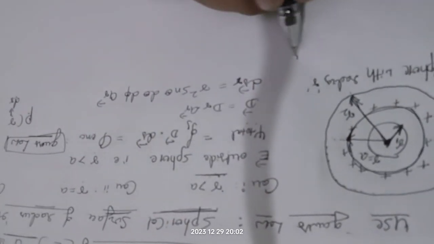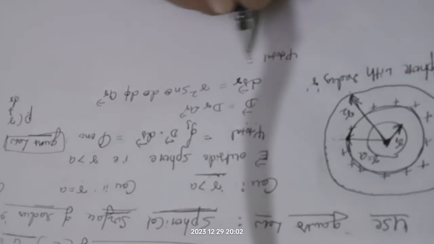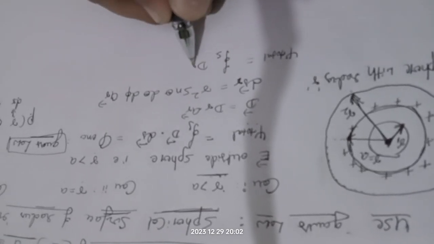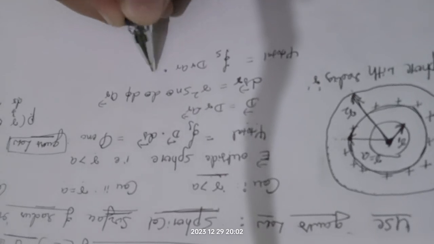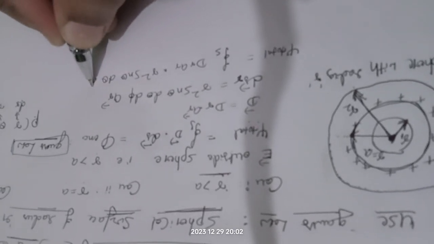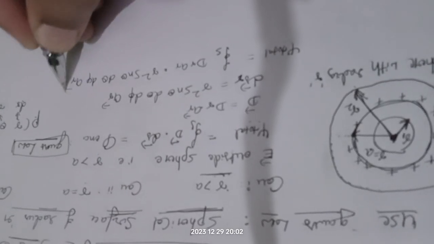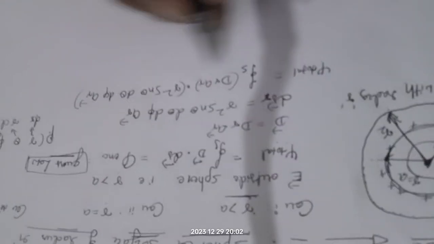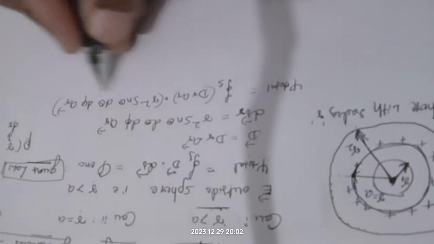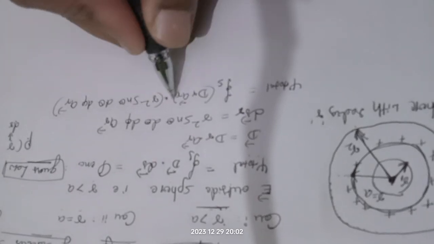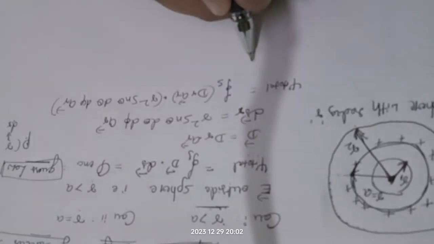Multiply this, and you will get r squared sin theta d theta d phi in the unit direction a_r. So now psi total is equal to the closed surface integral of D_r a_r dot r squared sin theta d theta d phi a_r. See what modification we can do here. a_r dot a_r is 1, so that value is going to be 1.